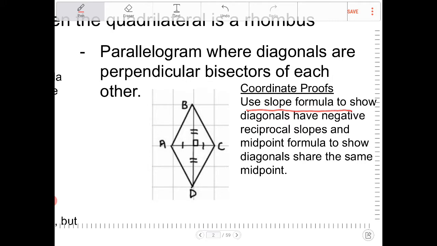We find a slope using the slope formula, and we need to show that the slopes of the diagonals are in fact negative reciprocals of one another. And how do we show whether or not they actually bisect one another? Well, that is done by finding the midpoint of both diagonals, where we need to apply the midpoint formula twice.